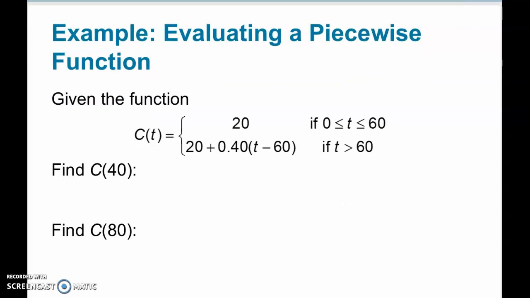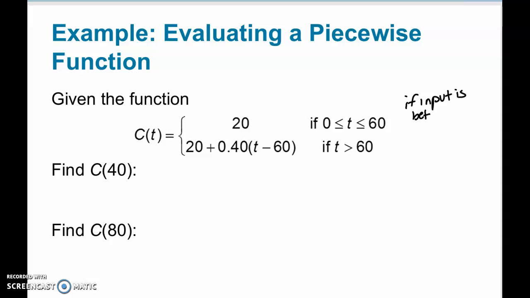Here's an example. This is called evaluating a piecewise function. It says given this function, we see that our function's name is c. C at t is equal to 20 if the input is between 0 and 60. T is our input.